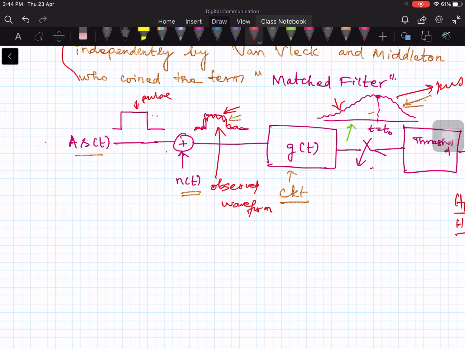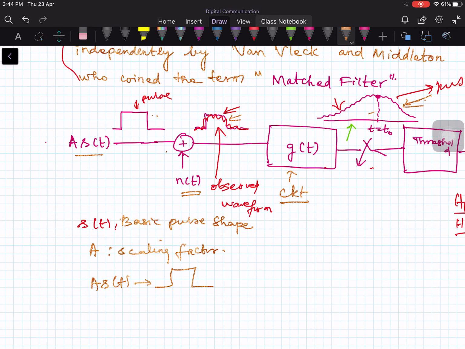In the input I have the pulse s(t). What is s(t)? s(t) is the basic pulse shape, and A is the scaling factor. This is given to the transmitter to transmit, and this signal A times s(t) looks like this.